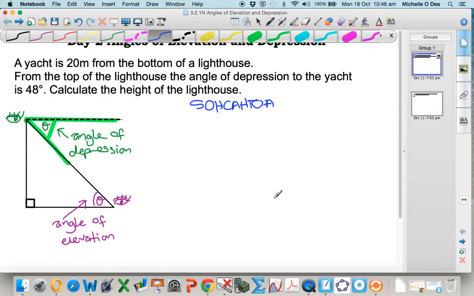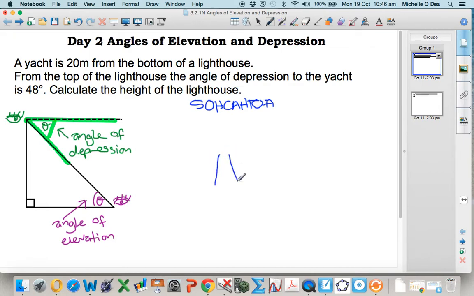So here we have a yacht is 20 meters from the bottom of a lighthouse. Now I'm going to test my drawing skills here. Of course, you don't need to actually draw it. Here's our water. Here's our boat. And this is 20 meters from the bottom of the lighthouse.